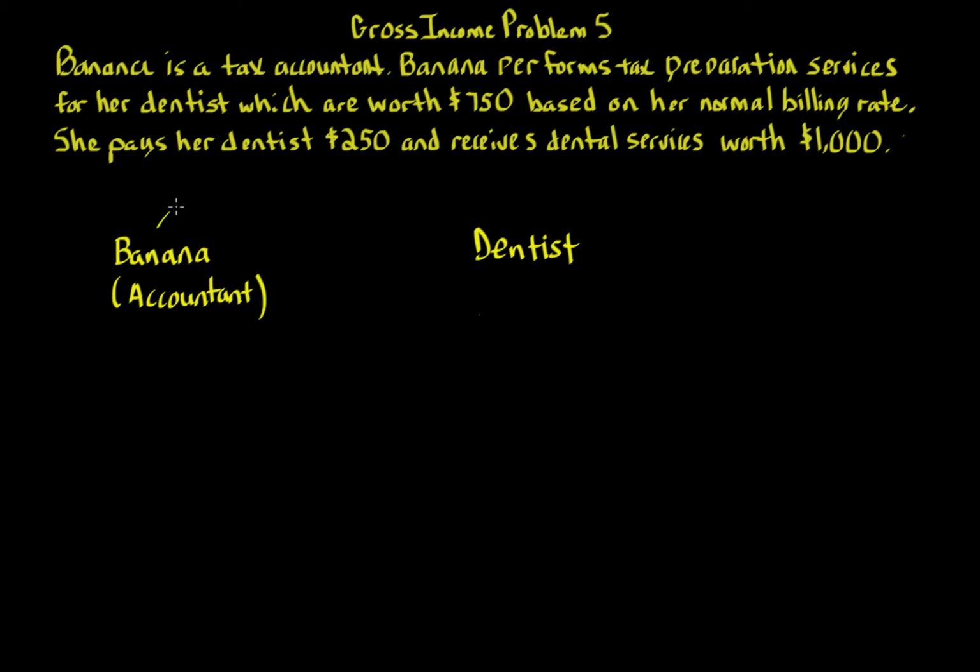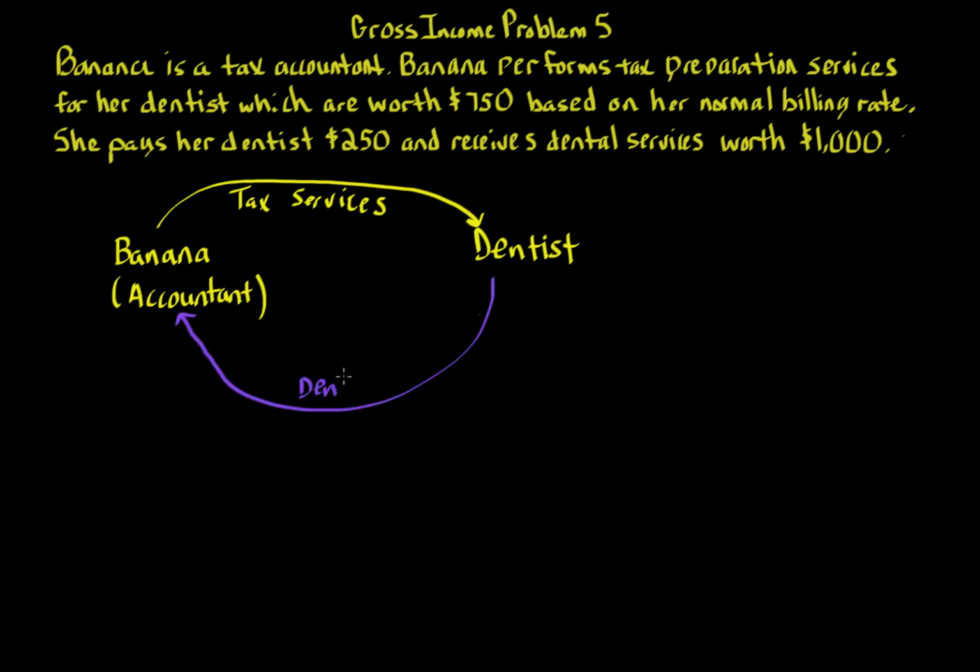So Banana is going to perform tax services, and in exchange for tax services, the dentist is going to perform dental work. Now, the dental work is valued at $1,000.